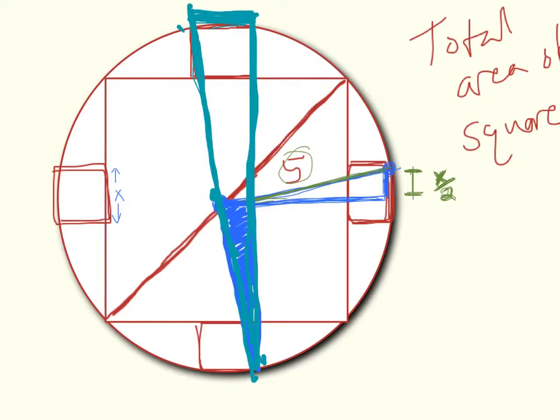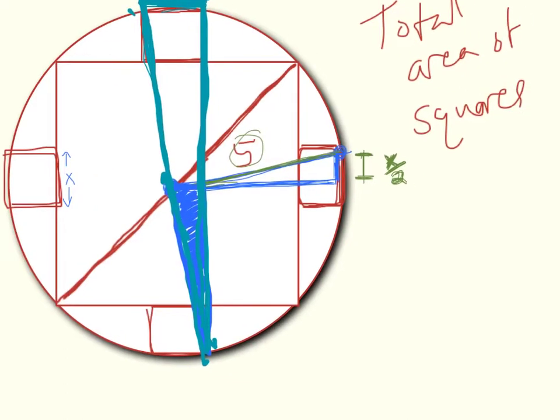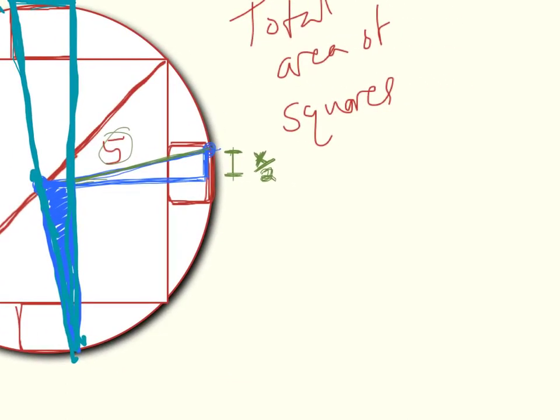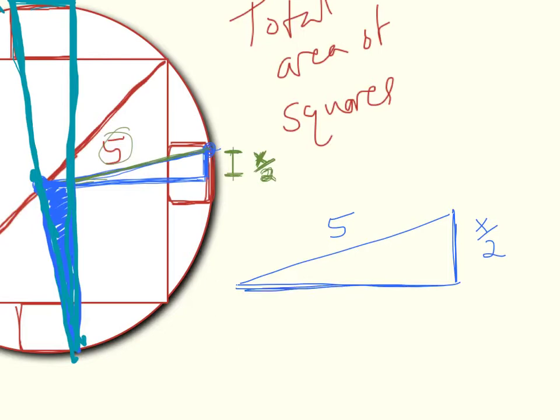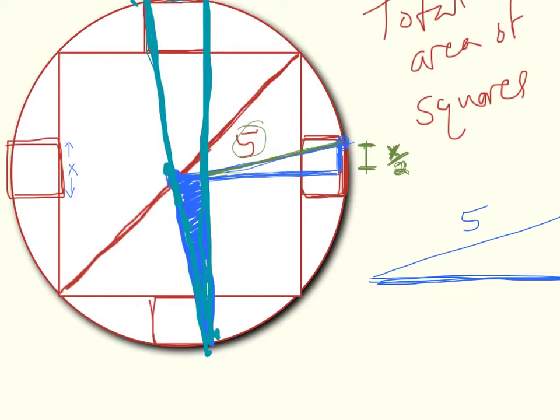Now, switching back colors, I'm going to draw another copy of the bright blue triangle for clarity's sake. This side length is 5. This side length is x over 2. So this side length, the bottom, consists of 2 pieces.